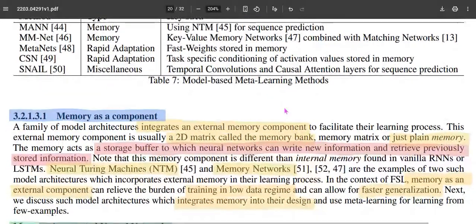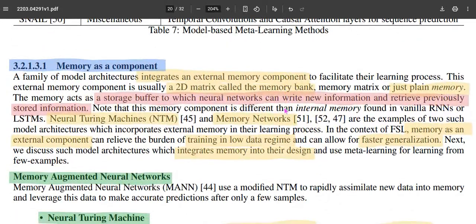As the name implies, the memory based architecture has an explicit external memory, represented as a matrix, where every row, every column, or every submatrix can be a memory, and it can be retrieved when required for the further prediction process.